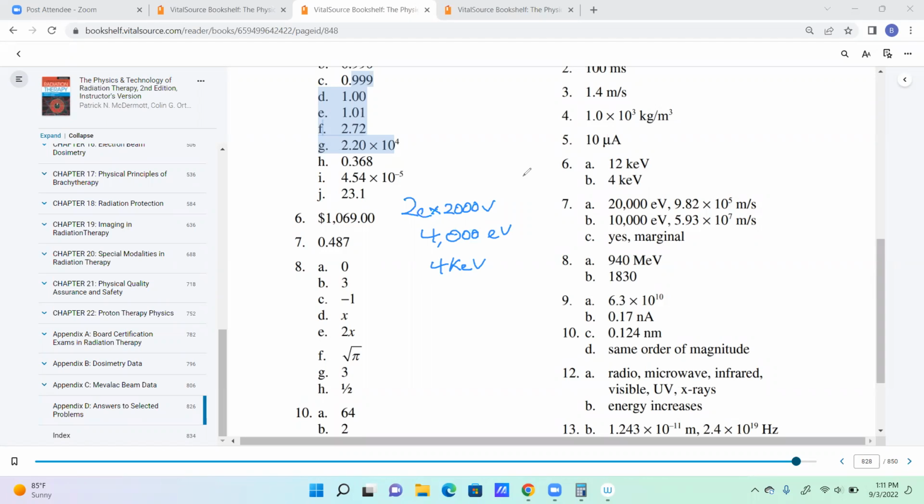So that's where that answer comes from. Basically, it's the charge multiplied by the volts that you're going through.